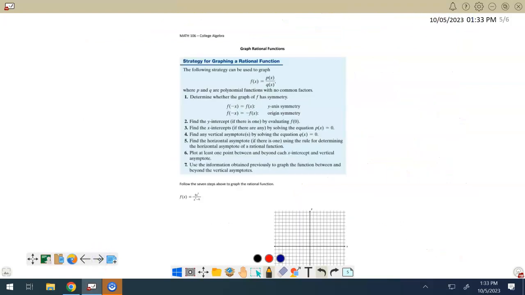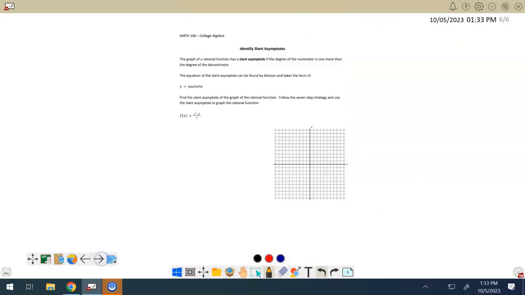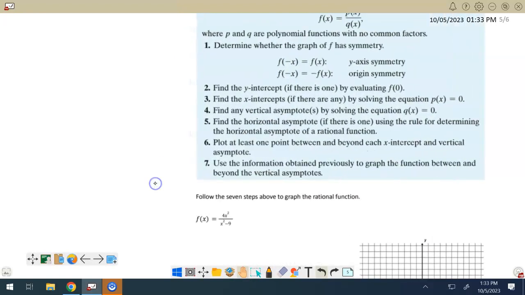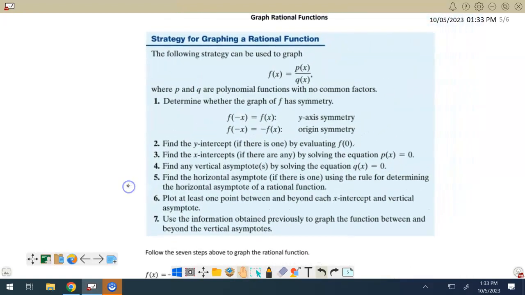Okay, so it looks like we're not going to talk about the third type, or maybe that comes later. They call it slant asymptote. The other textbook called it oblique. I guess there are just different names for it. So before we get into that third type of asymptote, where things get even messier, we want to talk about how we graph these rational functions, because that is the point of everything that we're doing.